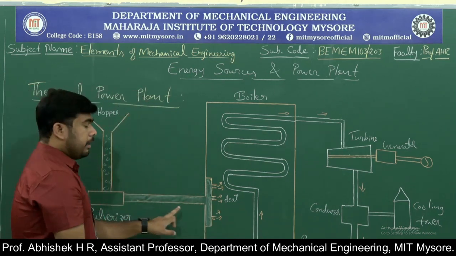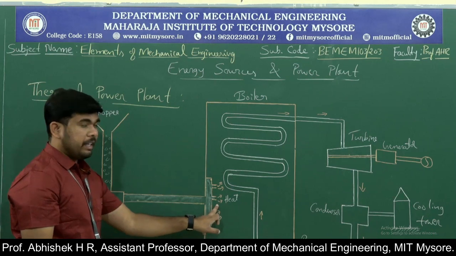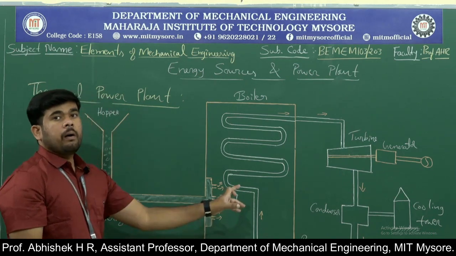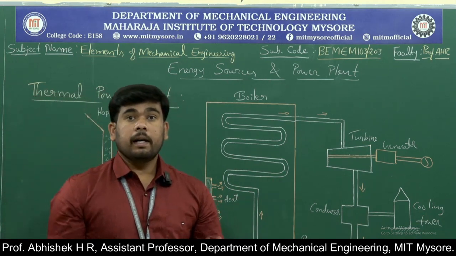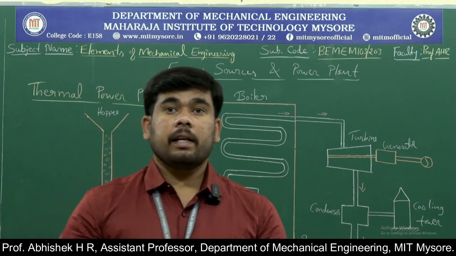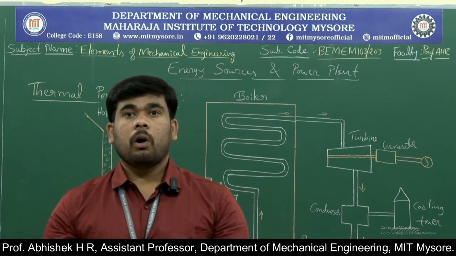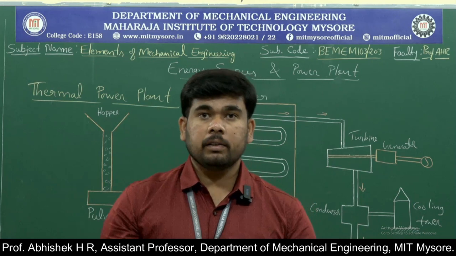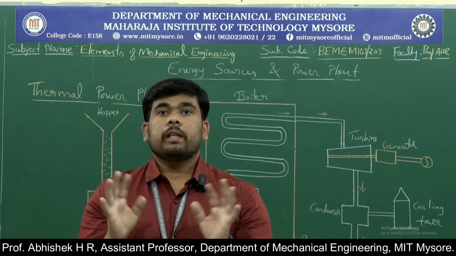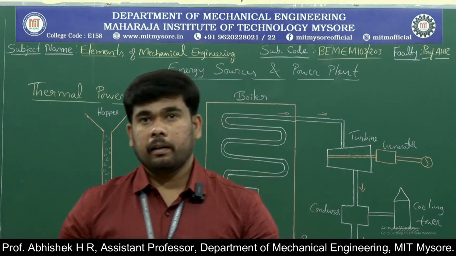After burning this coal, we generate the heat and supply this heat to the boiler. A boiler is a cylindrical vessel where we have the actual setup inside, like tubes and other elements. We set up these inside that closed vessel, so we call it a boiler.